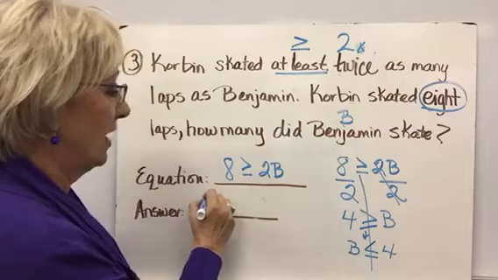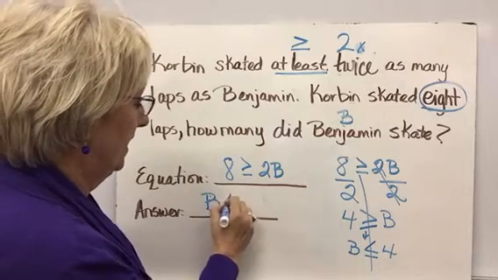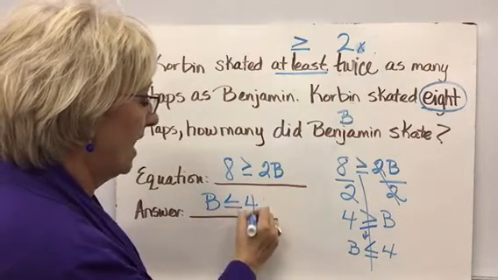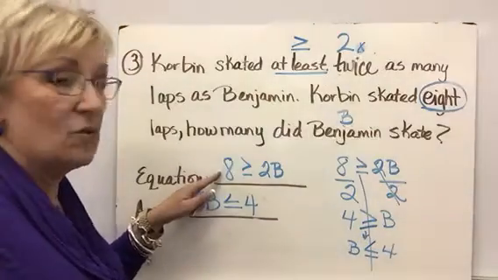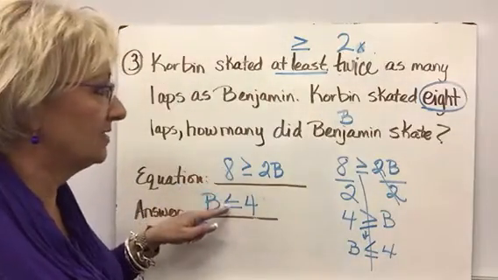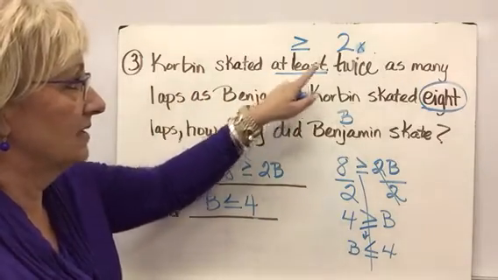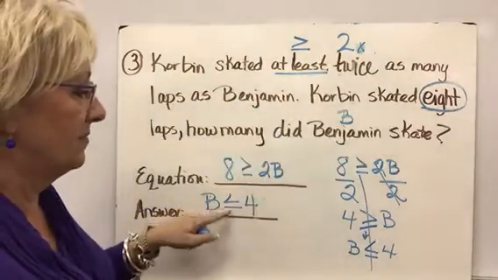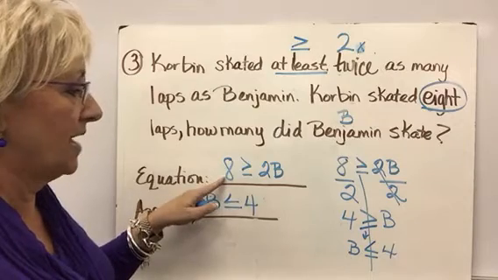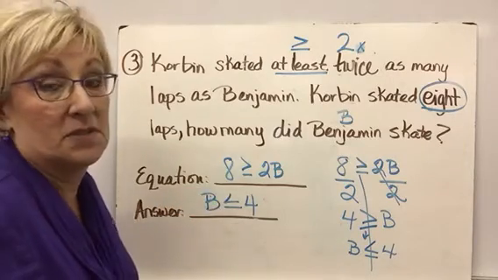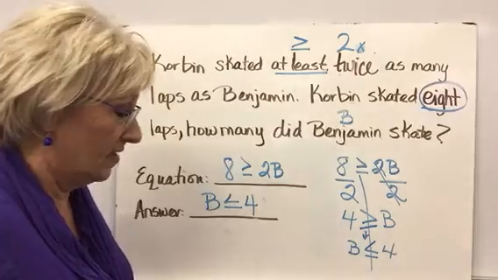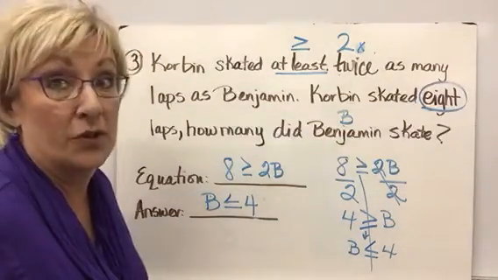So Benjamin skated less than or equal to 4 laps. That would make sense if Corbin has 8 laps and Benjamin only skated 4 laps or fewer.